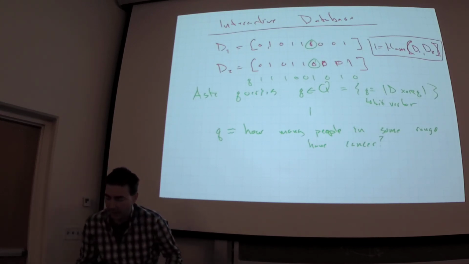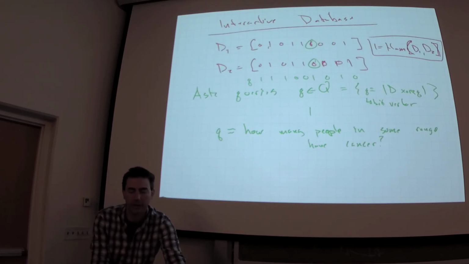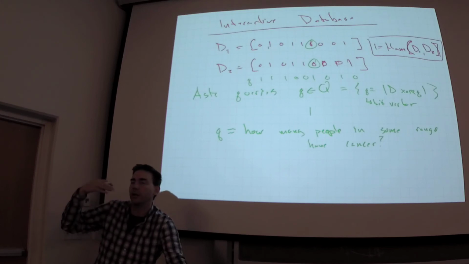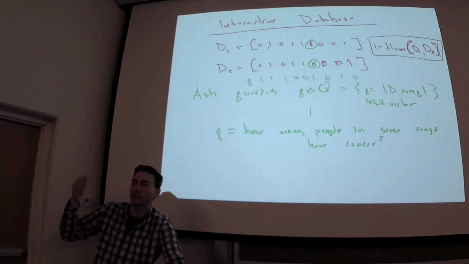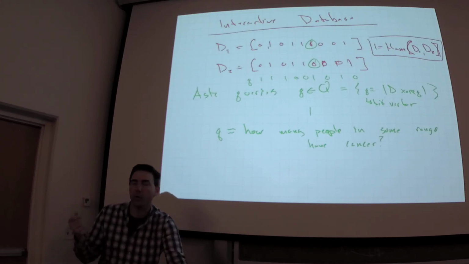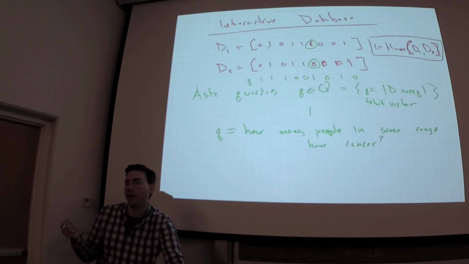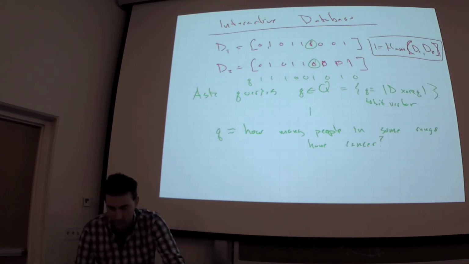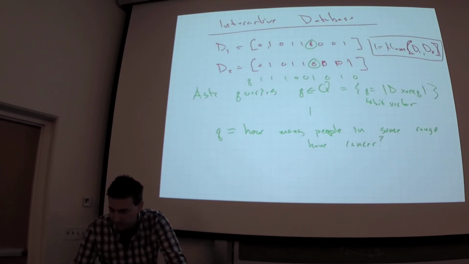All right, and the way this works again is applying the Laplacian mechanism, but only on the answer of the query. So how this will work is I'm going to have some data set D1.